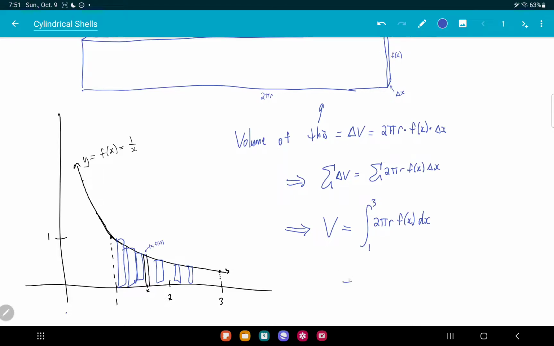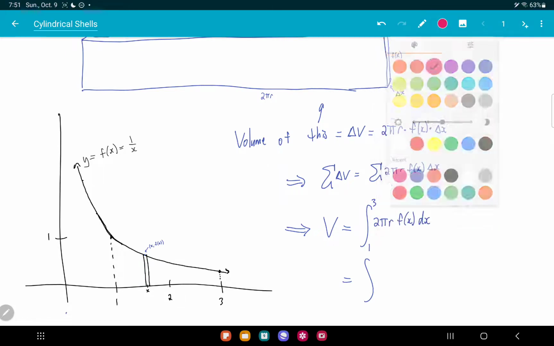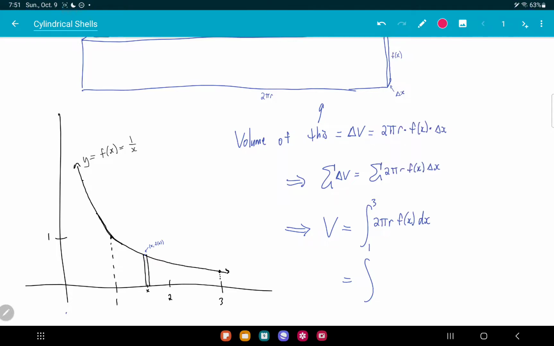Okay, so in our case, what do we have? We have the radius. Let's talk about the radius. On my diagram down here, the radius is, well, I'm going to look at this rectangle here. And the radius, I'm going to extend a vertical up here. The radius is the horizontal distance between this rectangle and the axis of rotation.